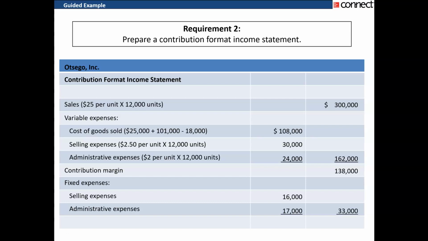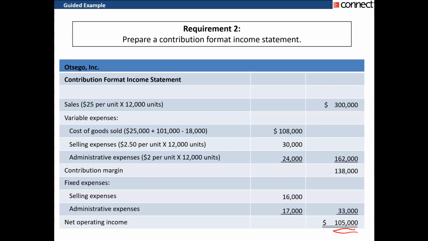That's a total of $33,000 of fixed expenses. Subtract that from your contribution margin and you get net operating income of $105,000, which is exactly the same as when we do the traditional income statement.